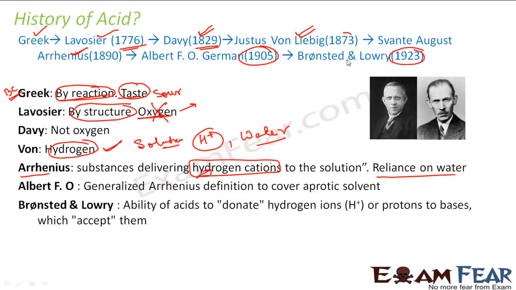He gave a very good definition, and the definition is the ability of acid to donate hydrogens to base. That means he defined both acid and base. Acid is something which donates hydrogens, and base is something which accepts them, right?